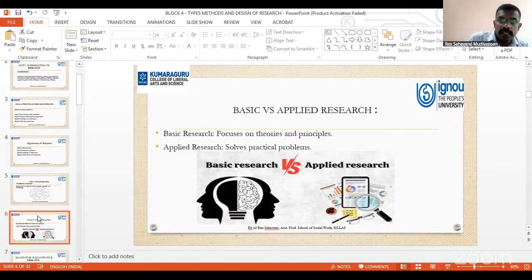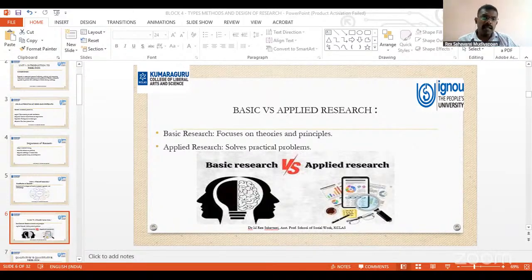Applied solves practical problems. When you say basic, it is to build the theory, to bring certain principles, certain rules and regulations. That is the fundamental aim of basic research.